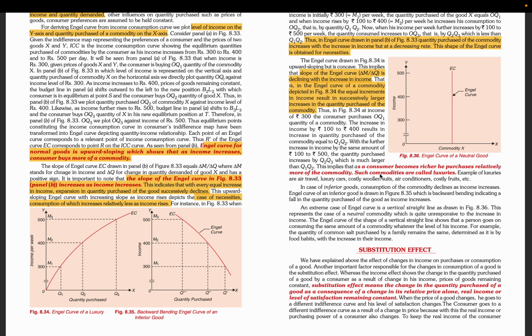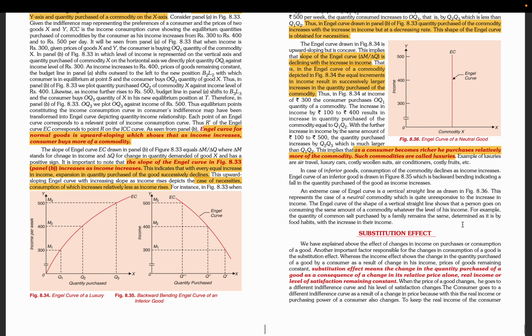It implies that as the consumer becomes richer, he purchases relatively more of the commodity, and such commodities are luxuries. In the case of inferior goods, consumption of the commodity declines as the income increases.